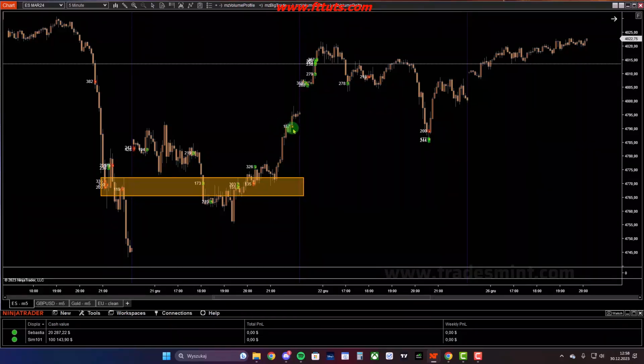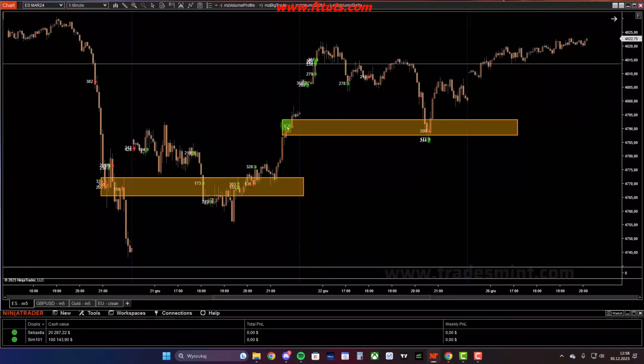Here again, by the end of the session there was some trapped seller and the price, unfortunately for him, moved up. So here is also a potential zone.